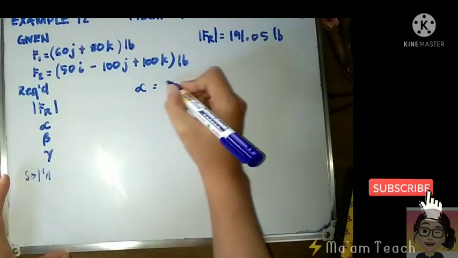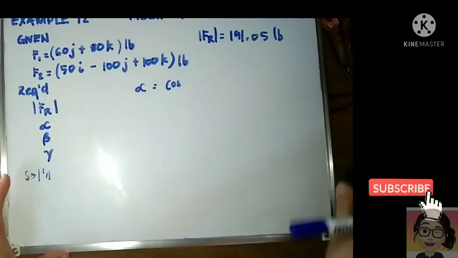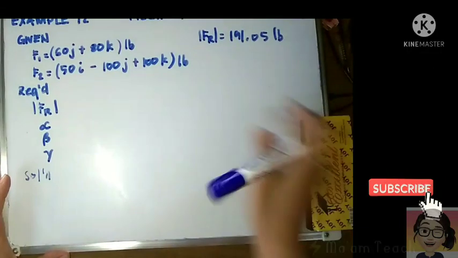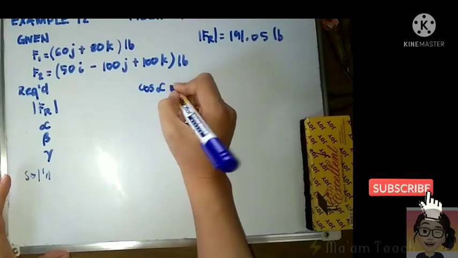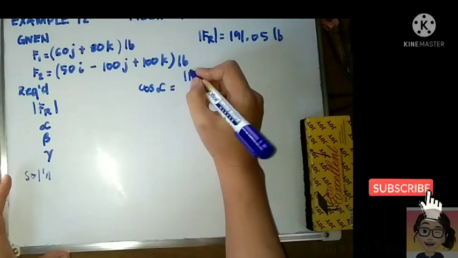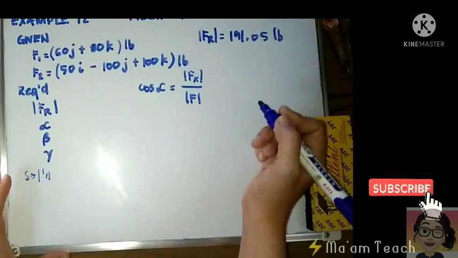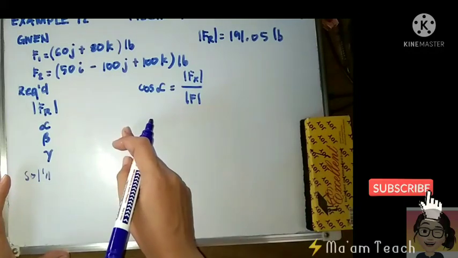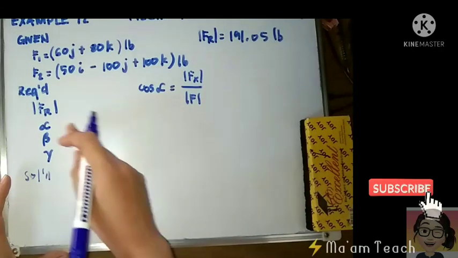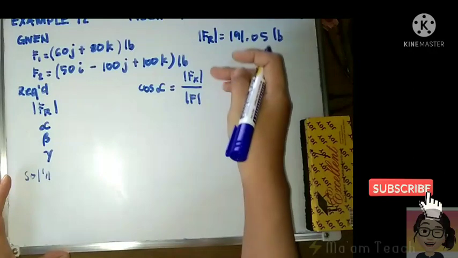Recall that cosine alpha is your Fx over F, so we base our coordinate angles on the components.